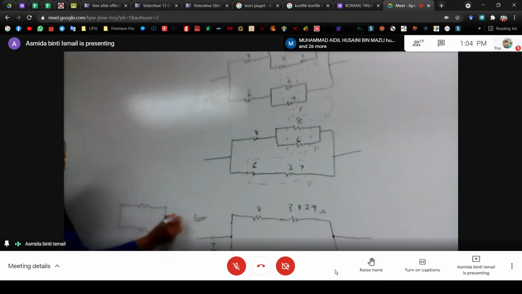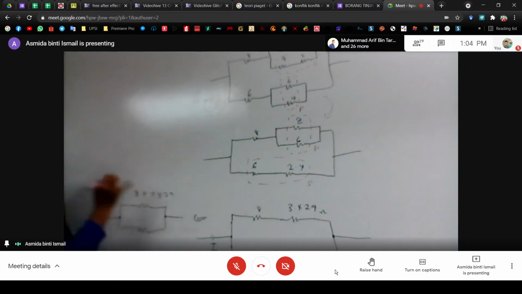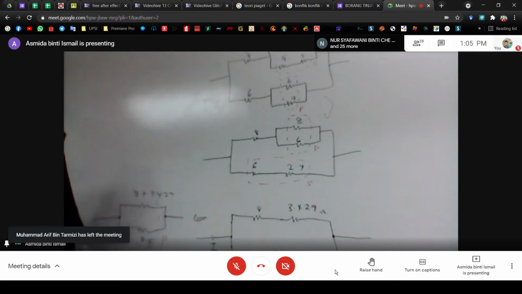Cakap tadi, don't forget this wire, this wire. Okay, so here is 8 plus 3.4 to 9, this is 8.4. So these two are parallel, not series.